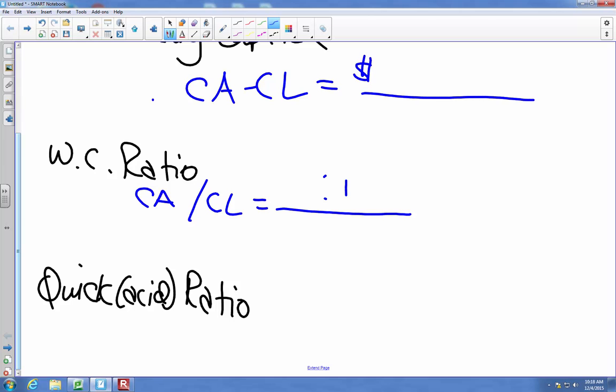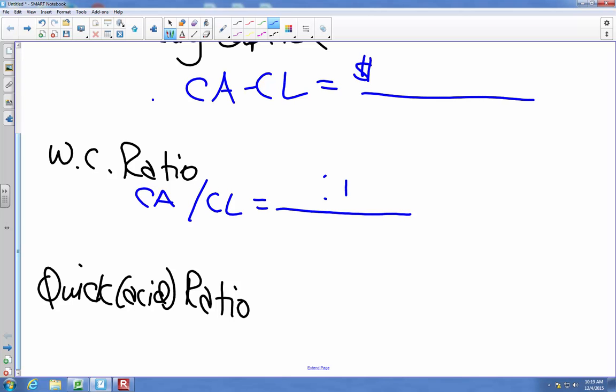So, but I'm only looking at the current asset section. Well, hopefully you're going to be able to collect your AR. Marketable securities are cash equivalents. That would be the only one left. Good job, Jordan. Prepaid expenses are generally not easily convertible. You prepaid your rent or your insurance or something. It's not like, oh gosh, I can cash that in and get money for it, right?